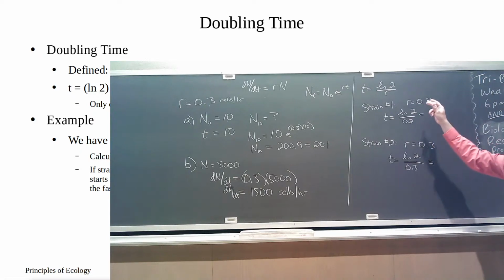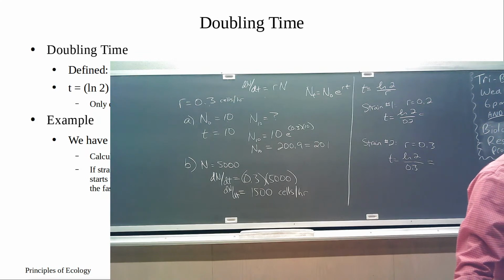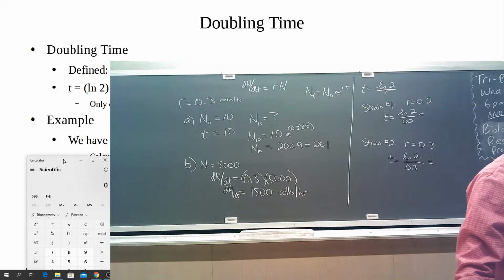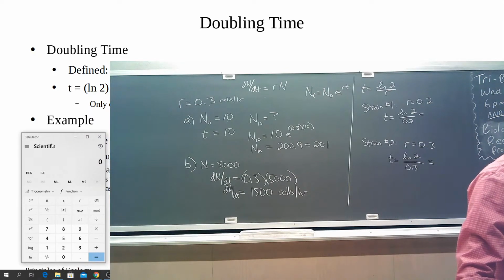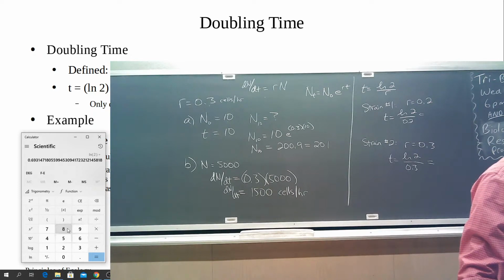Strain 1, 0.2, that's our R. We asked for the doubling time. We have a simple equation. So, pull out my calculator. It's the natural log of 2, divided by 0.2.